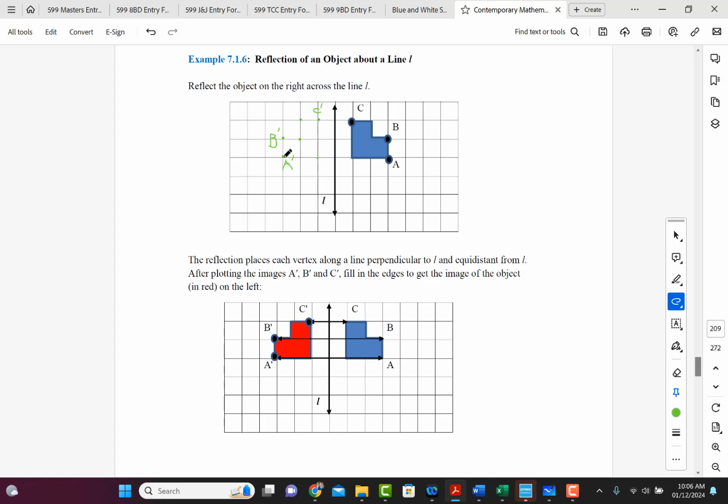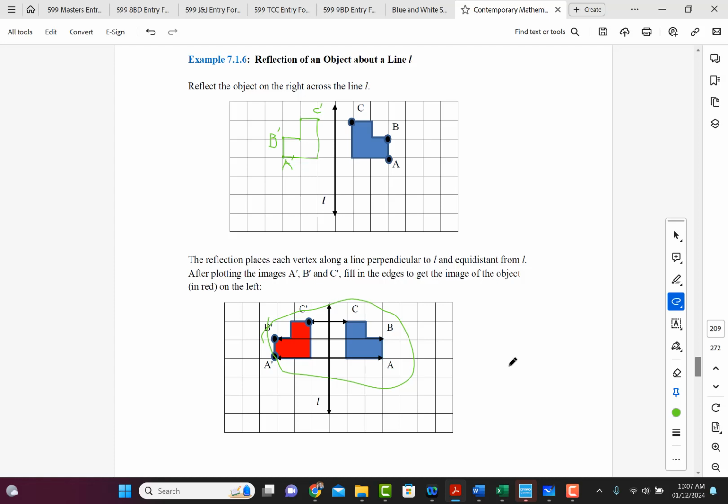Right, and so we get something that looks like this. Right? And that's what we have down here. And notice we have the directional lines, right?